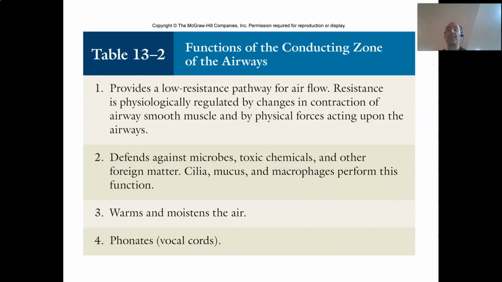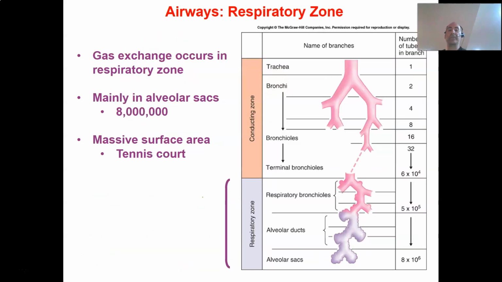You have the superior, middle, and inferior turbinates that you would have learned about in either Bio 3300 or 2010, 2020. And that's important that we moisten air. And it allows for phonation, which is where the vocal cords are located. So this is the conducting zone.